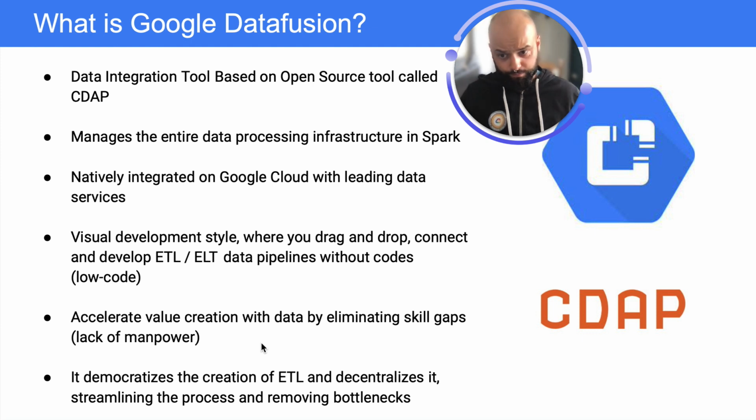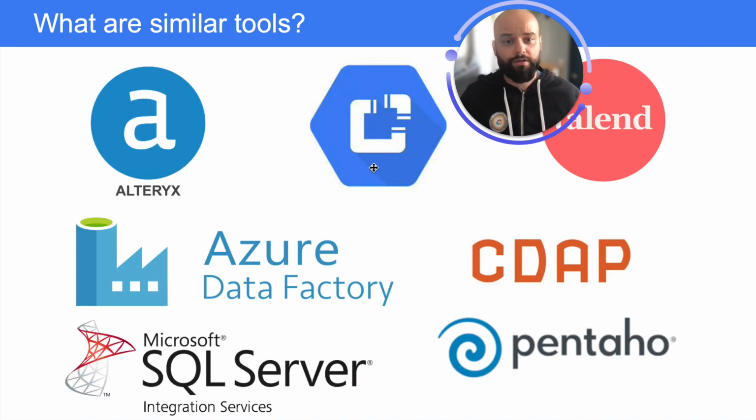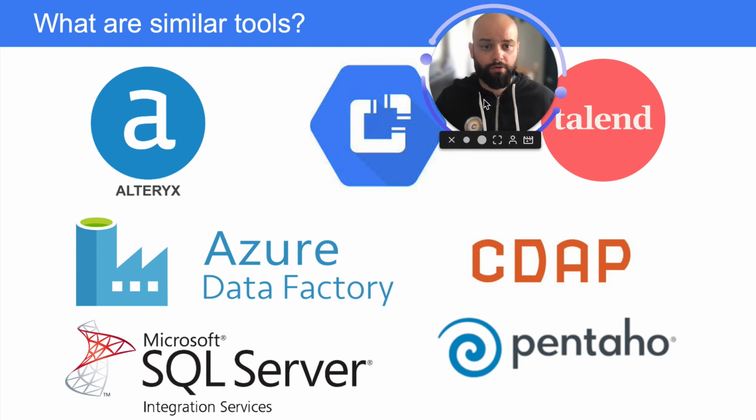So what are similar tools? I think that's important to keep in mind if we are learning Datafusion, because I'm going to apply similar concepts. Definitely Alteryx, which is also an ETL tool with some data science packages.